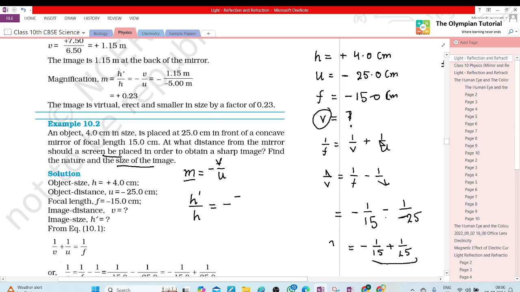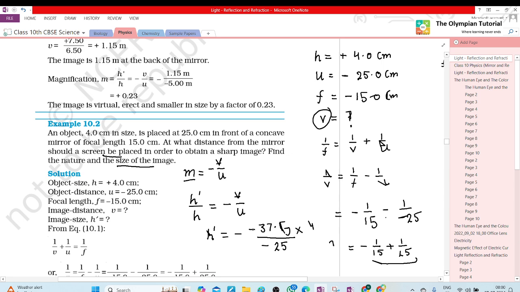So h dash is equal to minus v by u times h. The value of v we just got is minus 37.5. u is minus 25 centimeter. And what is the value of h? h is 4 centimeter.